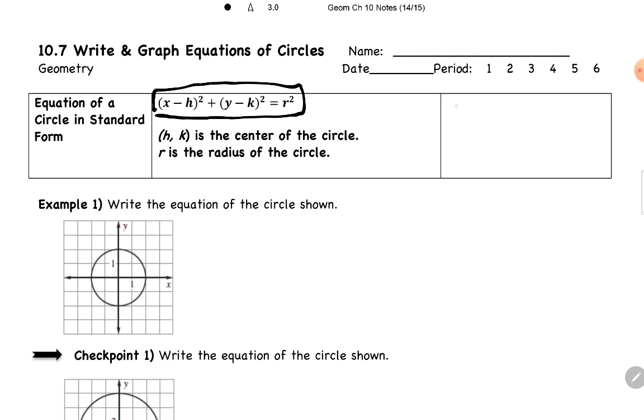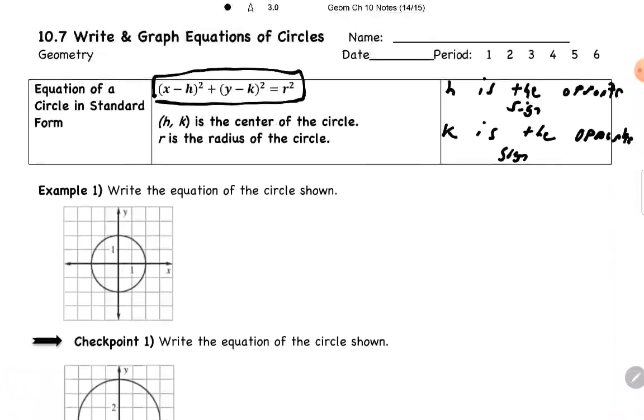Now just to note, because this is x minus h, when you're looking for your center, your h is the opposite sign, and your k is also the opposite sign in this case. And we'll do an example of what that means.